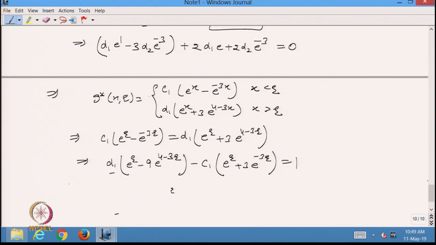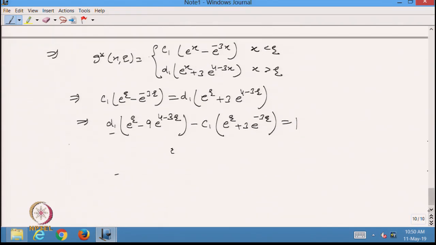So, from here, if I solve it further, I can try to find the values of C1 and d1.